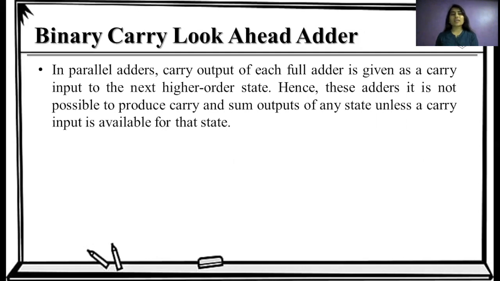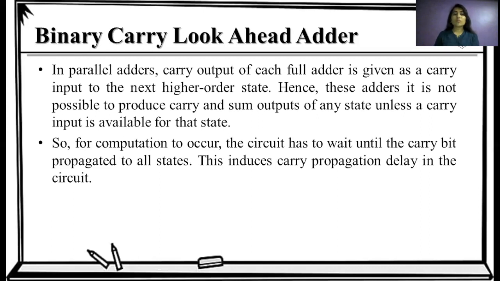Basically, in a parallel adder, we give all the bits of A and B parallelly, but we have to wait for the carry of the previous bit for the addition of the next bit. So for computation to occur, the circuit has to wait until the carry bit propagates to all stages.